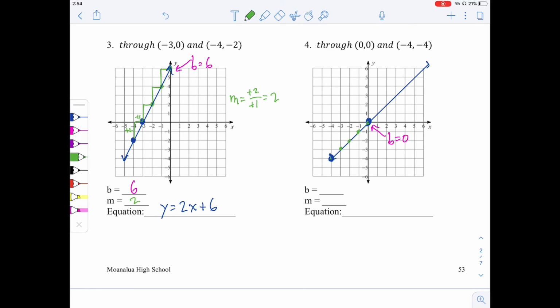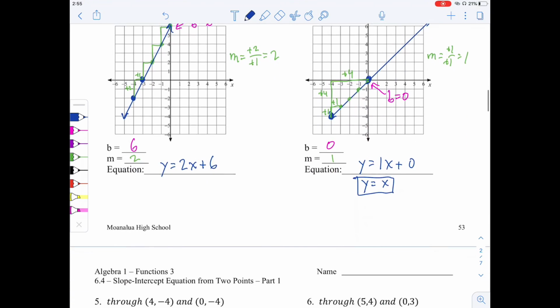We can go up 1, right 1, which is 1 over 1, or up 4, right 4, and 4 over 4 is still 1. So our slope is 1. B is 0. So our equation will be y equals 1x plus 0, and we can simplify that to y equals x, because 1x is just x and the 0 disappears.